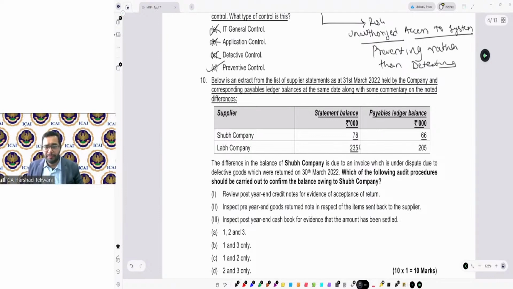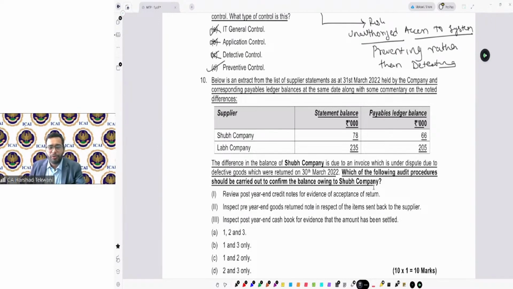Lab company: statement balance 2,35,000, payables ledger balance 2,05,000. The difference in the balance of ship company is due to an invoice which is under dispute, due to defective goods which were returned on 30th March 2022. Which of the following audit procedures should be carried out to confirm the balance owing to the ship company?